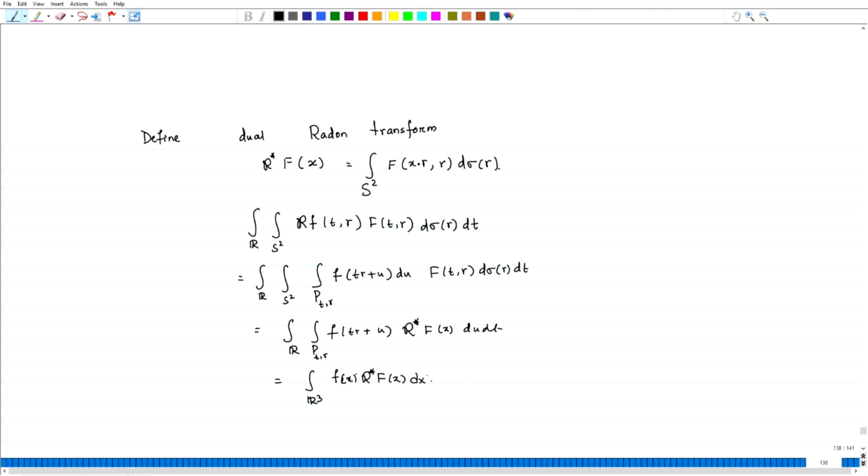In this sense, with this identification, it is called the dual.